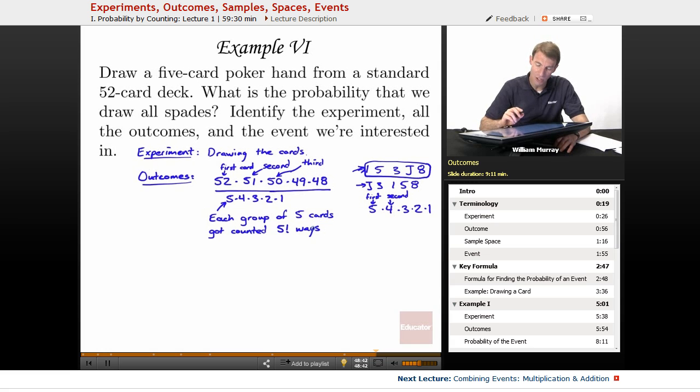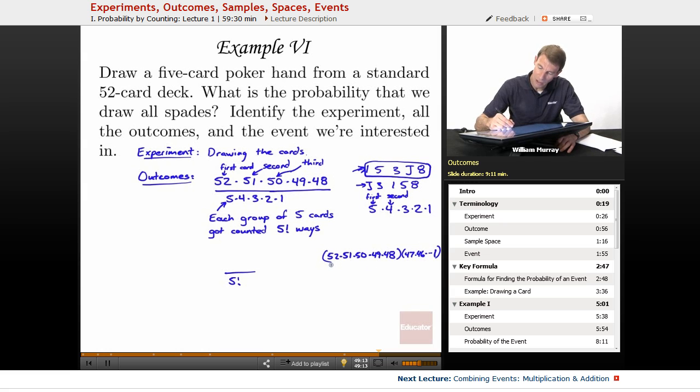There's a clever way to simplify this using factorials. Notice that the denominator here is 5 factorial. The numerator is 52 times 51 times 50 times 49 times 48. That looks like we're starting to build up 52 factorial, but what's missing there is 47 times 46 on down to 1.